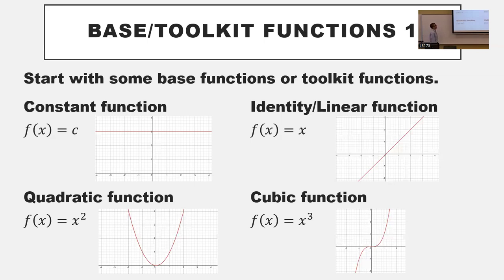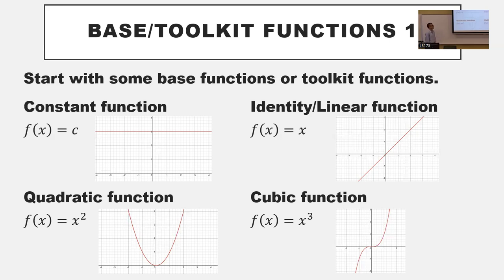There are things like f of x is equal to a constant number. The graph of f of x is equal to a constant number is a horizontal line. Another base function would be the identity function or the base linear function, which is f of x equals x.